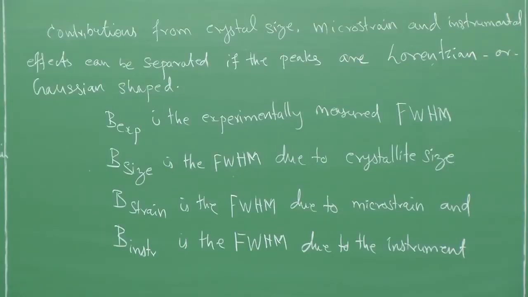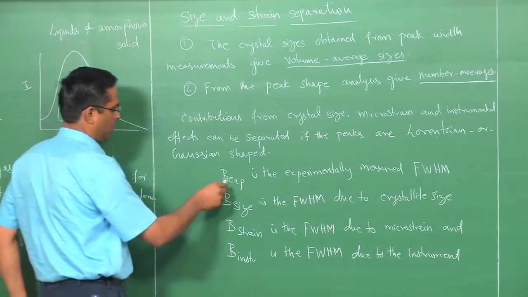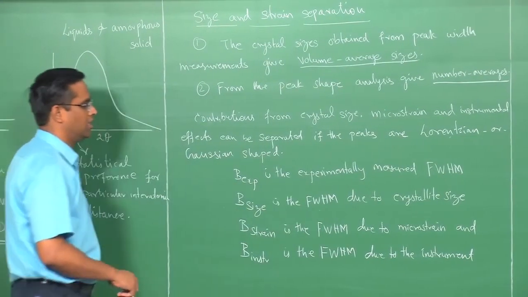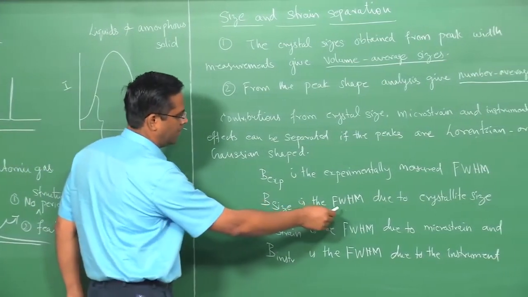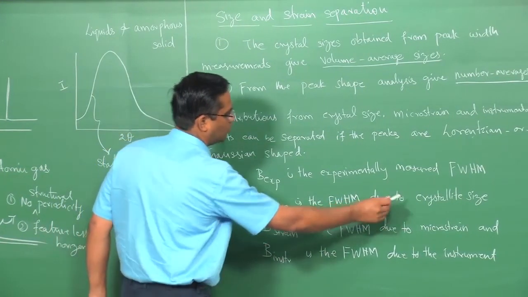So, you have different contributions to the peak width. B experiment is the experimentally measured full width at half maximum. B size is the FWHM due to the crystallite size.